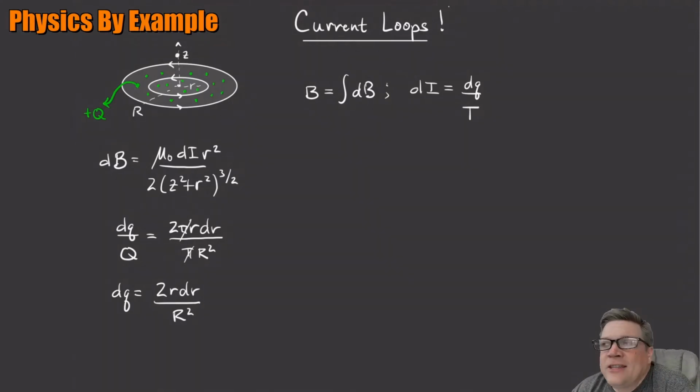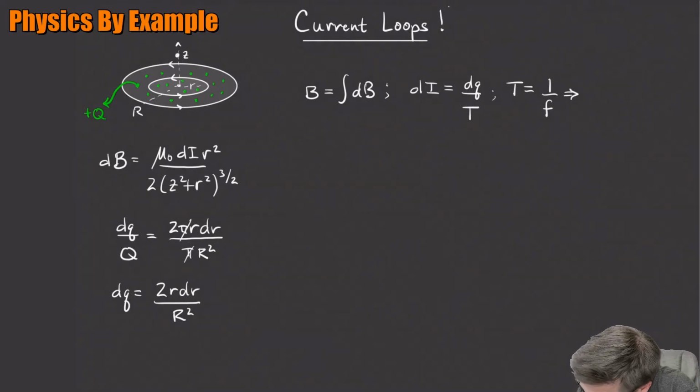If I'm just watching this thing spin, then in one revolution the full dq of each ring goes past. So dI, the amount of current that goes by, is going to be the charge divided by the time it takes to go all the way around once. And T is just equal to 1 over the frequency, how many times it goes around per second, and that's kind of what we're after.